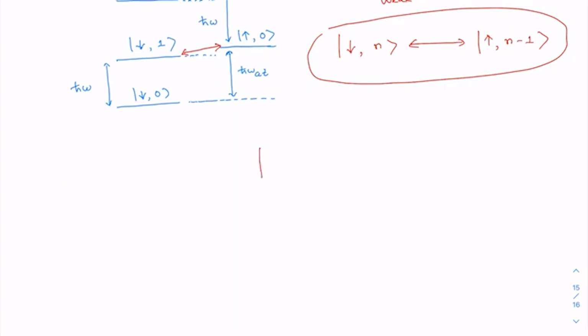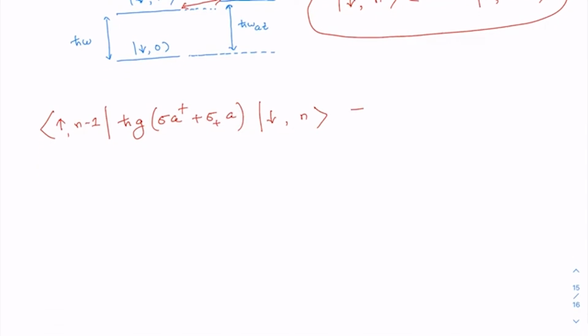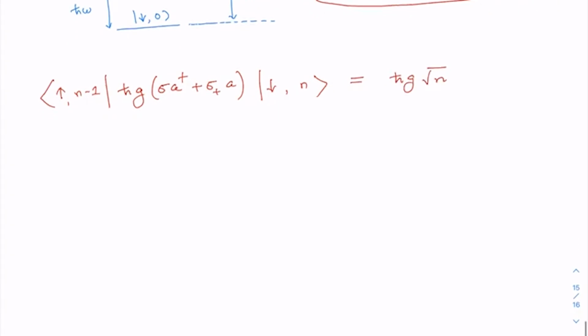We have this state, atom in the ground state and n photons in the field mode, and the atom in the excited state with one less photon in the field mode, and this is coupled via this term in the JC Hamiltonian, h cross Z, sigma minus A dagger plus sigma plus A. Actually it will turn out that this would be simply h cross Z square root of n. Let me show how it can be worked out very easily.